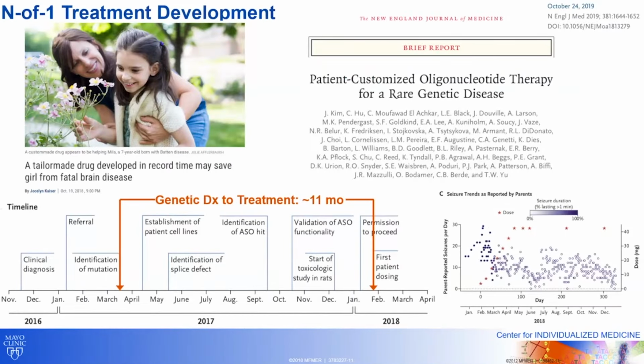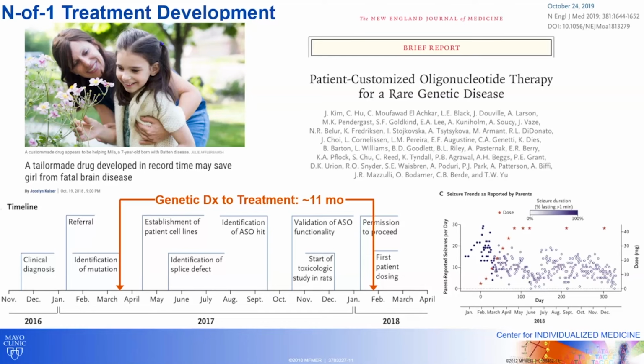I always have to talk about TimU's study. This really changed for sure how I think about what we can do for therapies for rare disease patients, but I think also in the field really has been a paradigm shift. So TimU, for those who don't know, is an investigator out of Boston Children's Hospital, and he saw this little girl, Mila, who had Batten disease. And they had to do genome sequencing in order to get her genetic diagnosis.